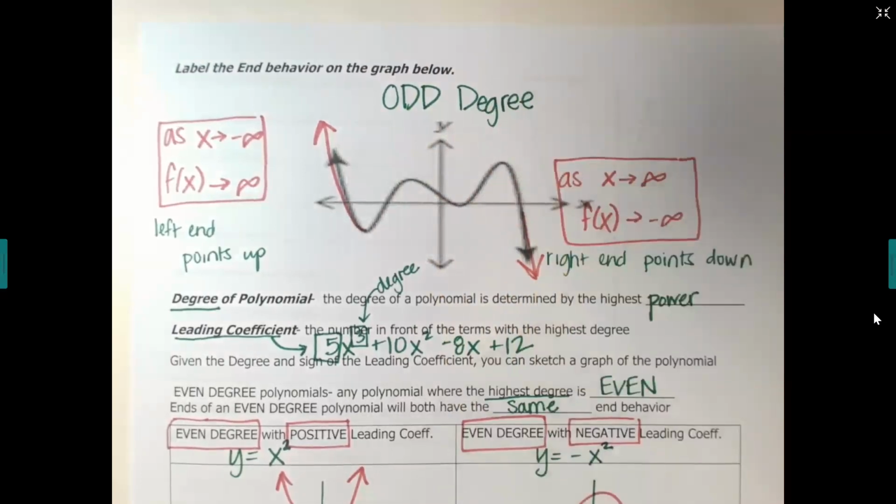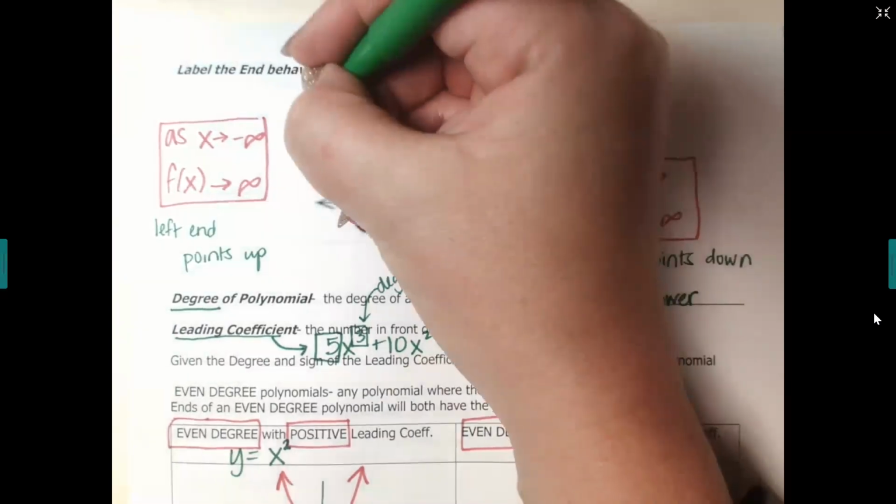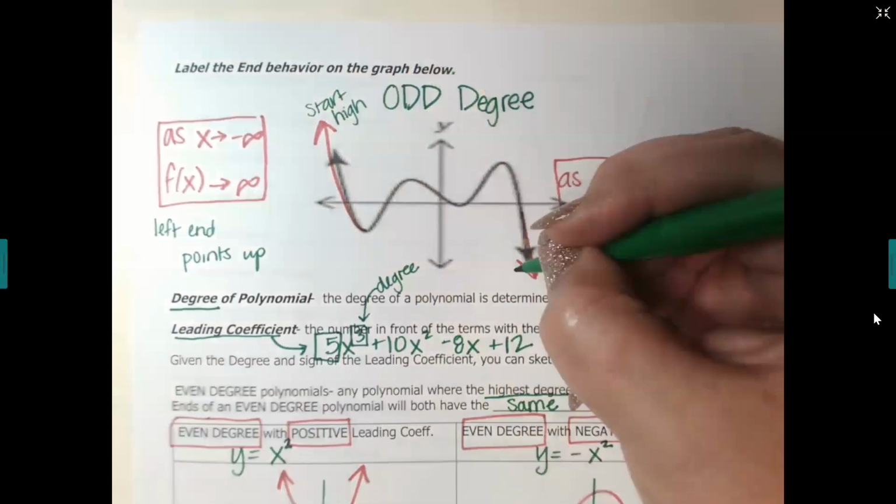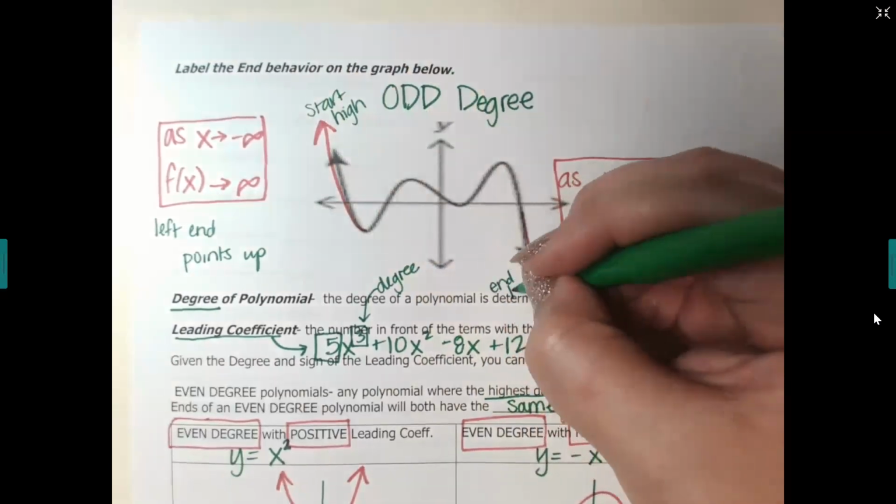And then after I classify it as an odd, meaning the ends go opposite ways, I have to say a positive coefficient or a negative coefficient. And that has to do with where it starts and where it ends. This one starts high and it ends low.